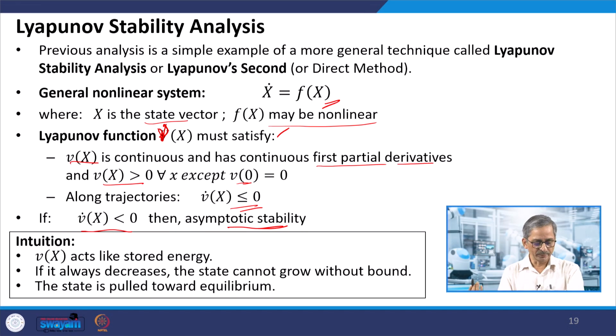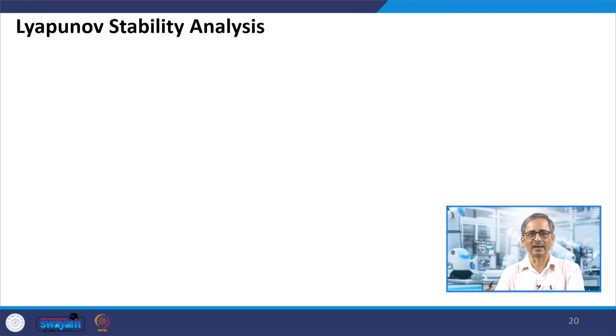So, here you see V(x) acts like a stored energy, and if it always decreases, the state cannot grow without bound. And so, the state is pulled towards equilibrium. So, this is the basic idea of the Lyapunov stability analysis.